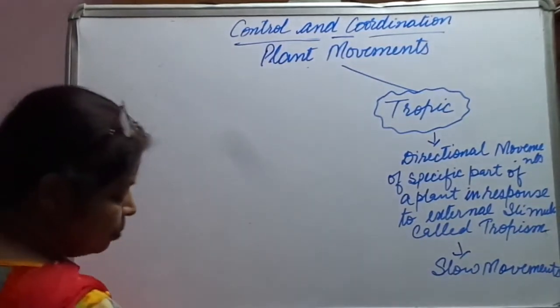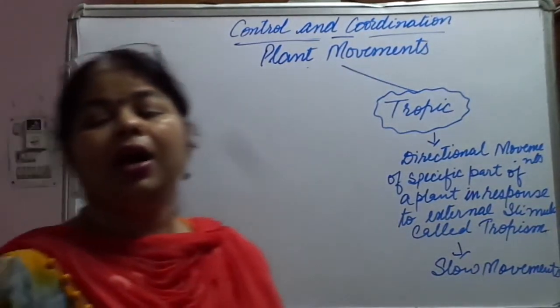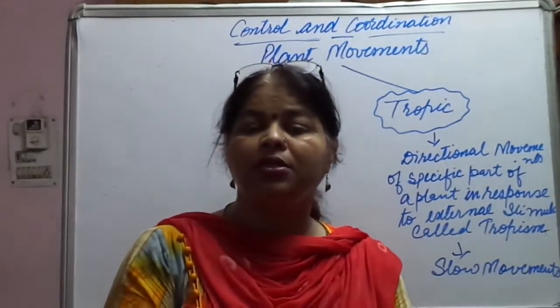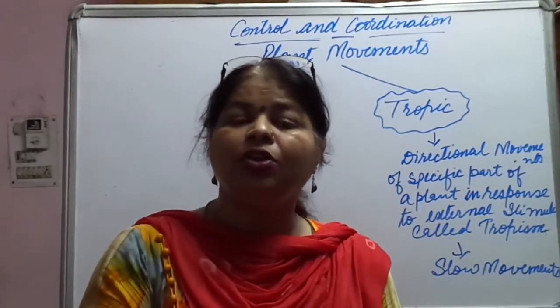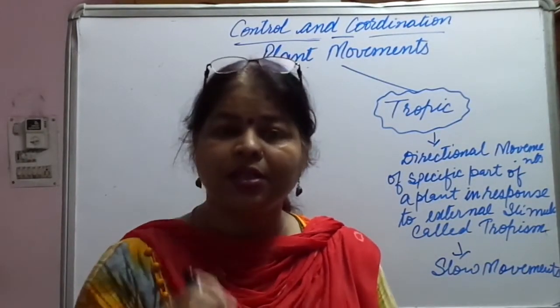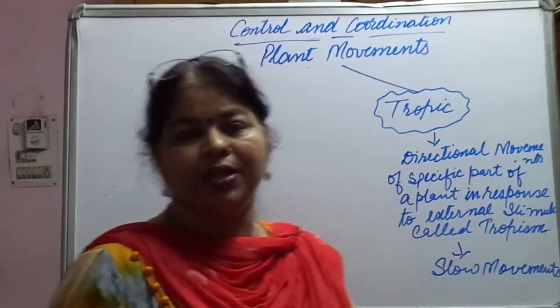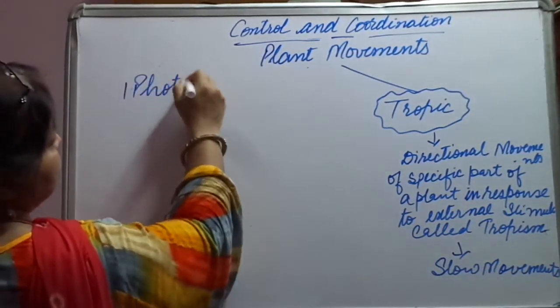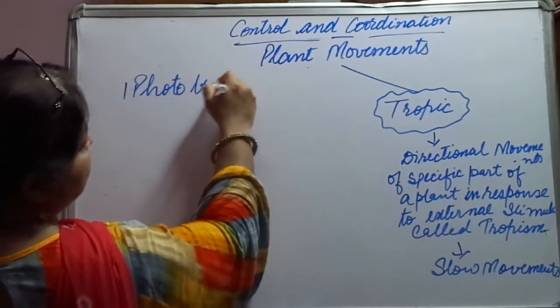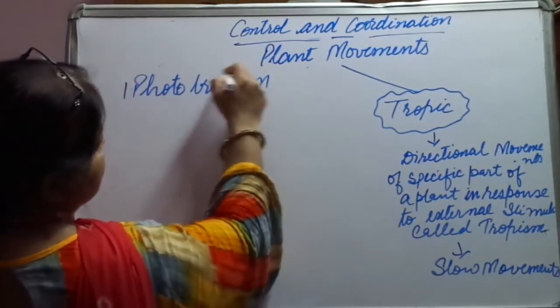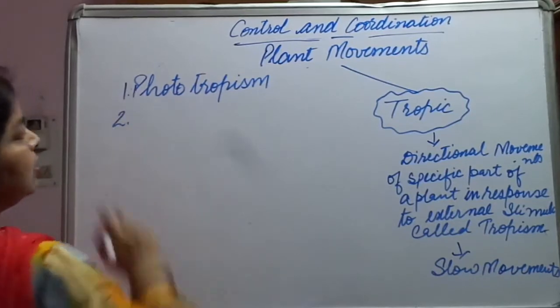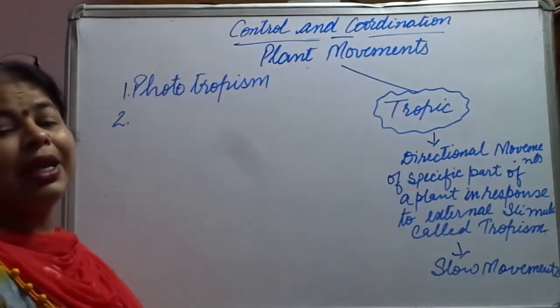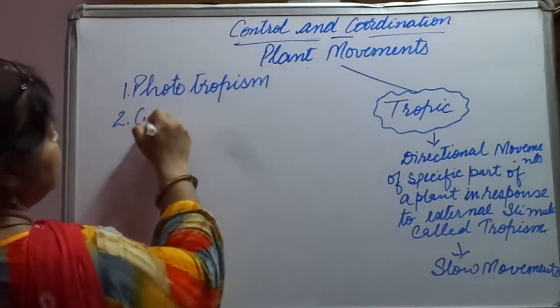The responses of plants to these stimuli are termed by various names. First one is phototropism. Second one is geotropism.